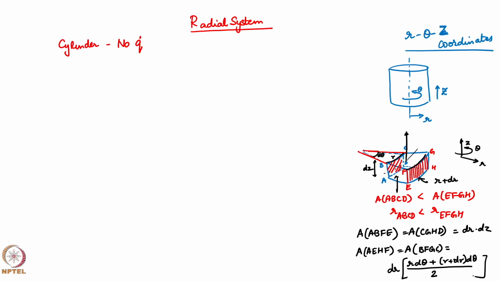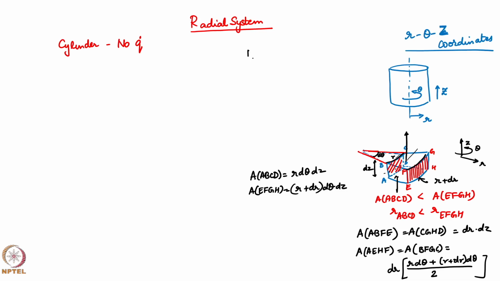Of course, area A, B, C, D is equal to r d theta into dz, and area E, F, G, H is equal to (r plus dr) d theta into dz. That is the difficult part in the derivation in cylindrical coordinates.